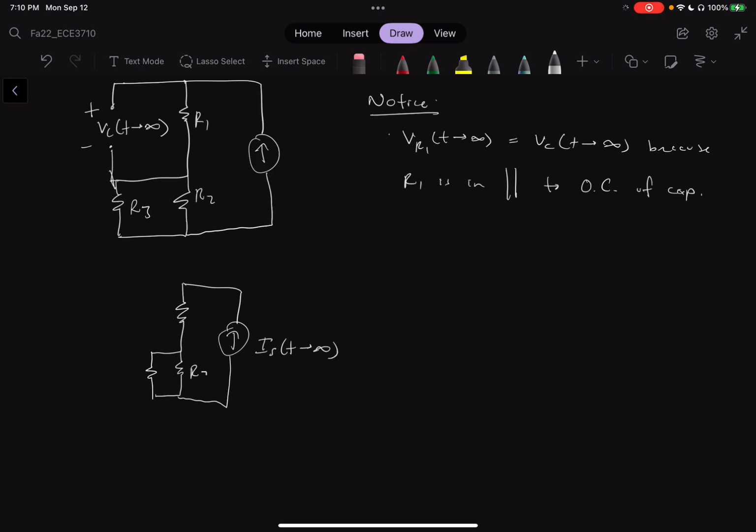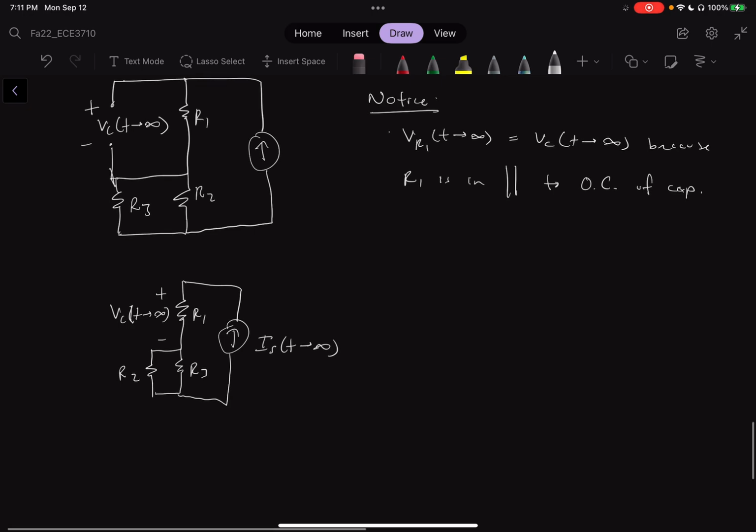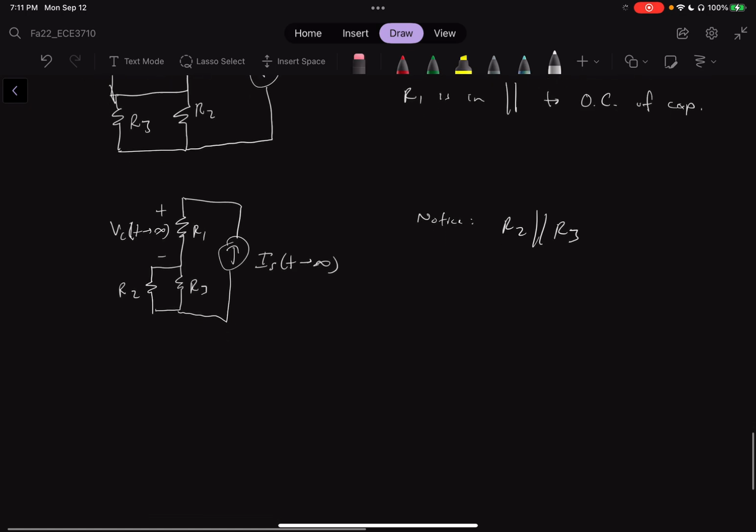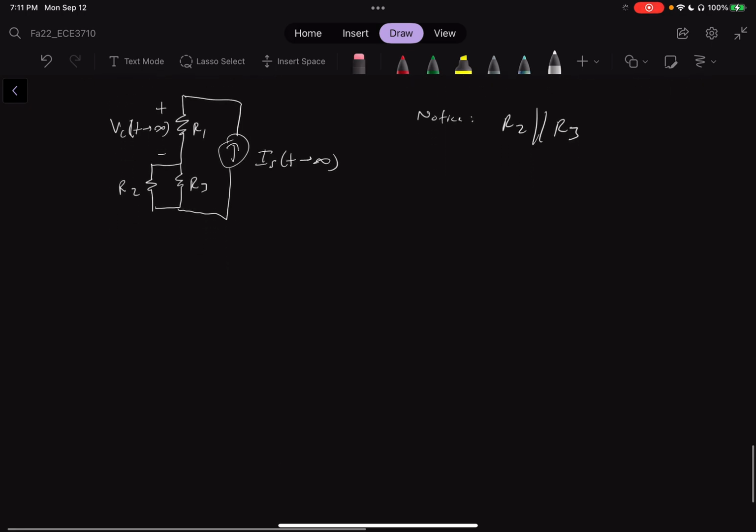This is R3, R2, R1, plus minus VC of t approaching infinity. And now what do we notice? Notice R2 is in parallel to R3. So simplify even further.